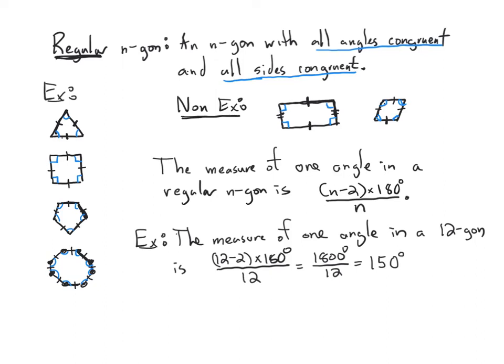As you go up in sides, this is a regular 3-gon or triangle, and its angle measure is 60 degrees. A square has an angle measure of 90 degrees. A pentagon, you can check, has an angle measure of 108 degrees, and you can keep going, and you can check that as you go up in the number of sides, the angle increases, but it doesn't increase without bound.